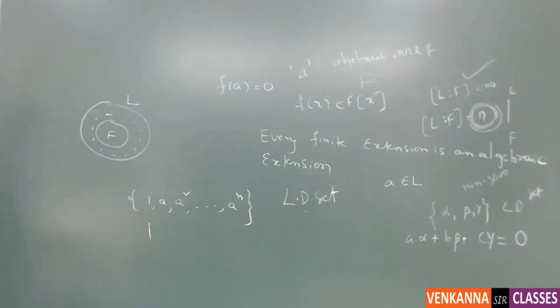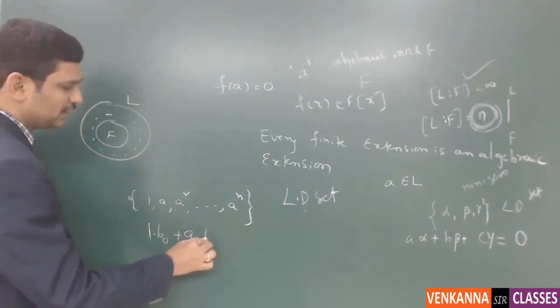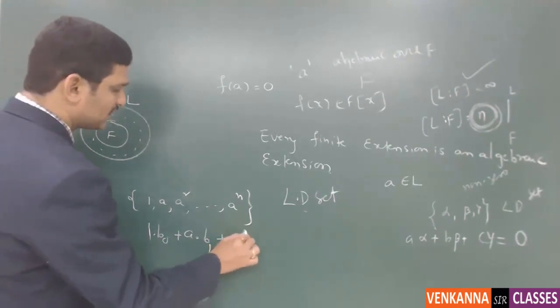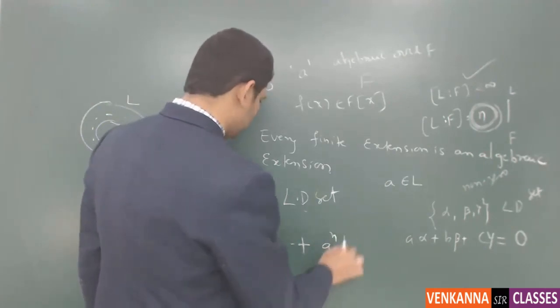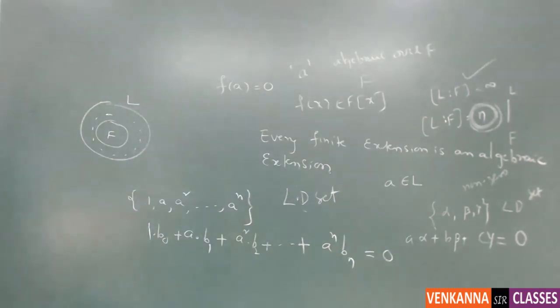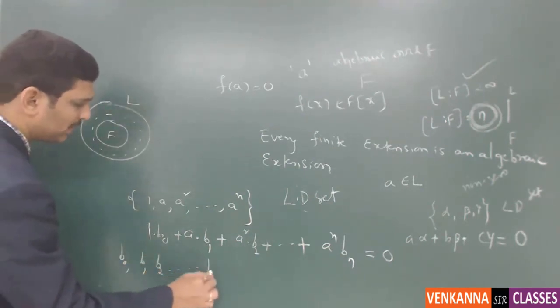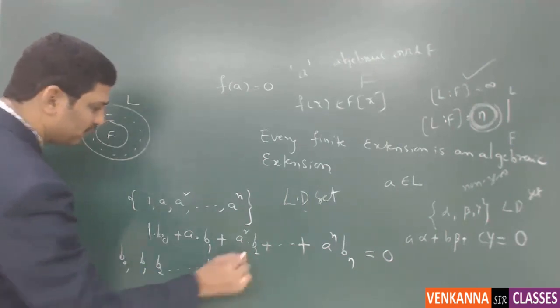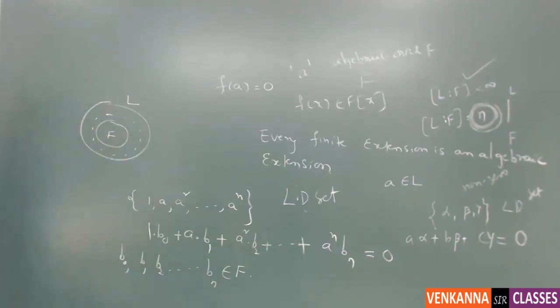So I am taking the scalars as 1 into B naught plus A into B1 plus A square into B2 plus so on plus A power n into Bn is equal to 0. Right? So here the coefficients B0, B1, B2, so on, Bn are taken in the field F, because this is the linearly dependent set over the field F. The coefficients are taken in F. Clear?